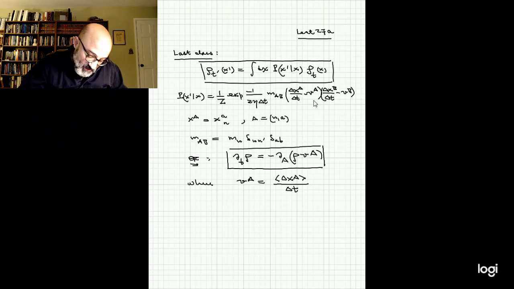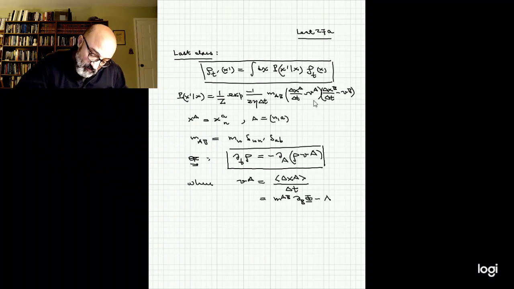And further, this is written in terms of the constraints. This is where the constraints come in.